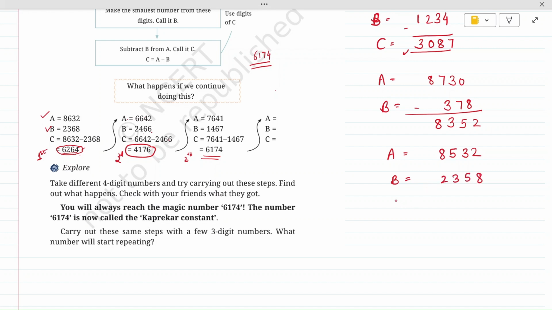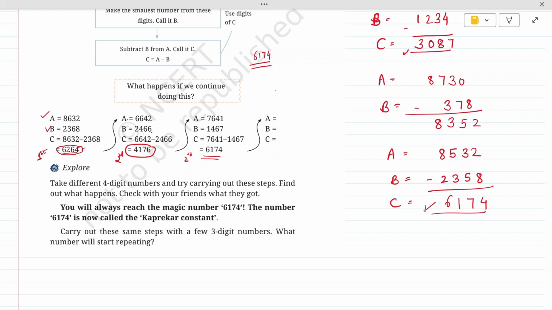Now let us find the difference, which is 12 minus 8 is 4, 12 minus 8 is 4, 12 minus 5 is 7, 4 minus 3 is 1, and then 8 minus 2, which is 6.